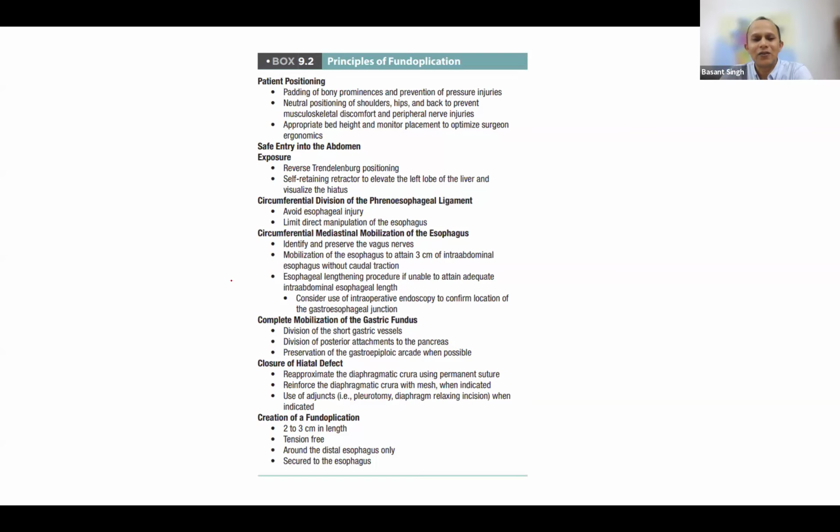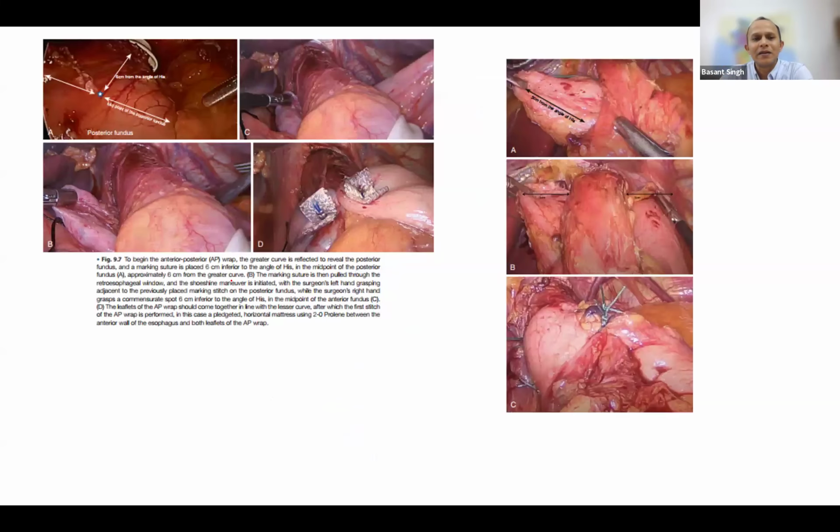What is the exact length of fundoplication? This is one measurement that they have given: the fundus should be 3 centimeter from the angle of His. I've put the picture because the distance can be asked. So the fundus should be divided, the whole length is 6 centimeter, 3 centimeter on either side.